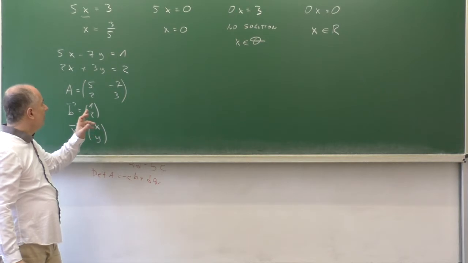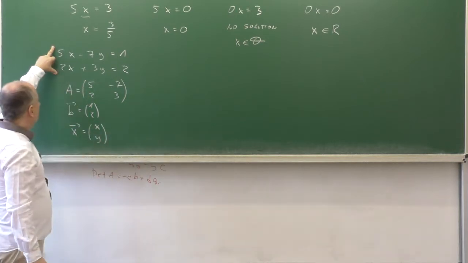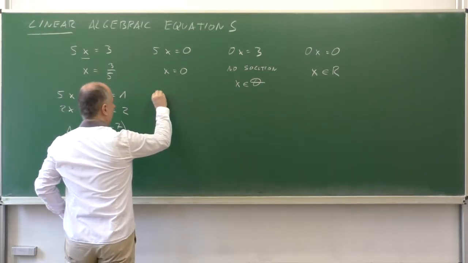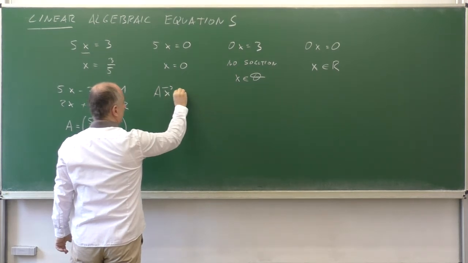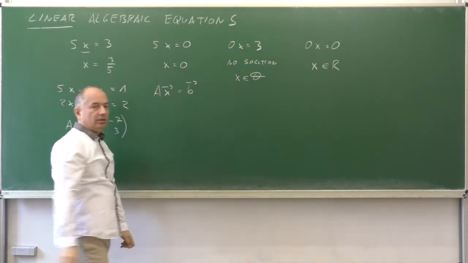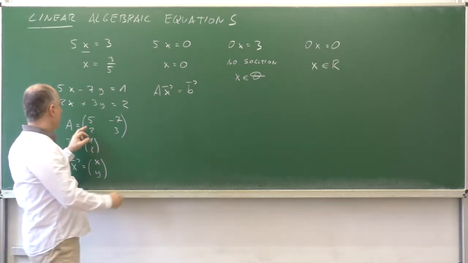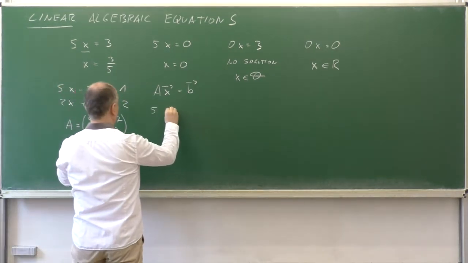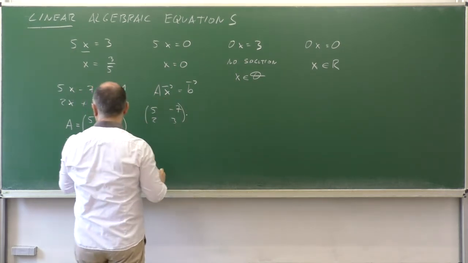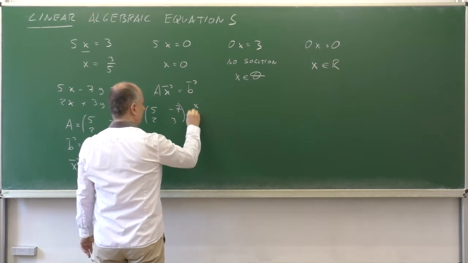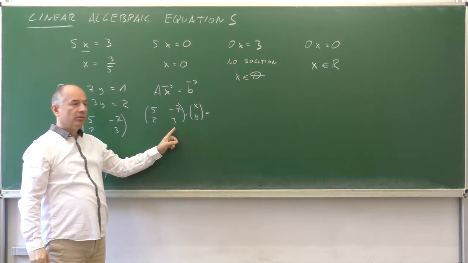And then, if you remember the multiplication of a matrix and a vector, we can write this equation in a very simple compact form: A times the vector of unknowns x is the vector of the right hand side b. Because if we rewrite A using the numbers 5, minus 7, 2, 3, and x is the column vector with the unknowns x and y, then you remember how to multiply.